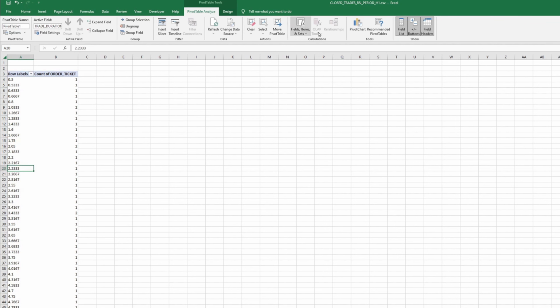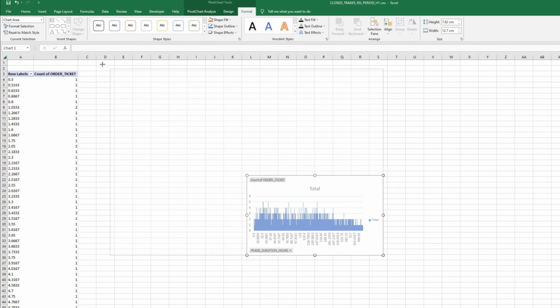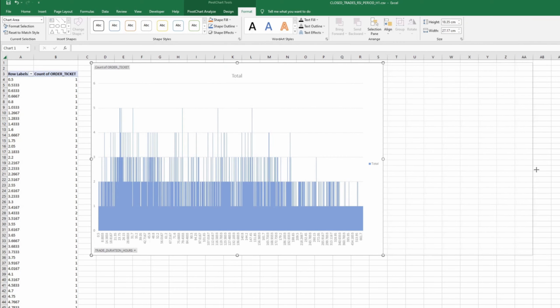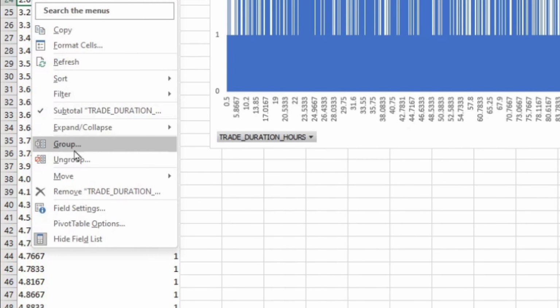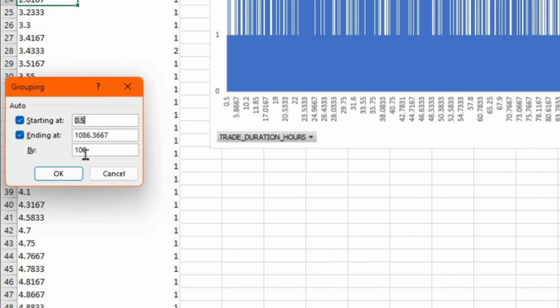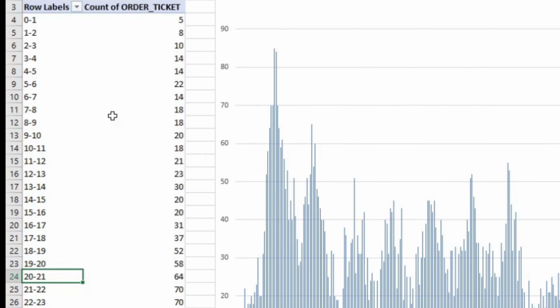Now, if we just create our pivot chart here, this doesn't provide us with very much information of any use, and so we need to group together these values. So I've grouped them into hour segments.